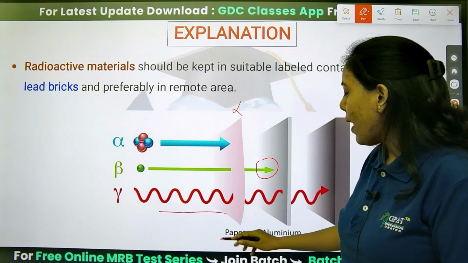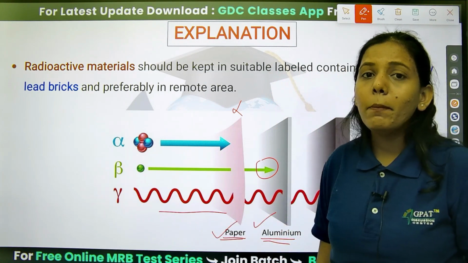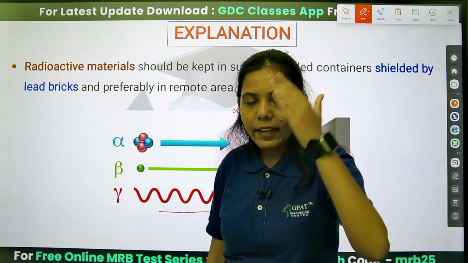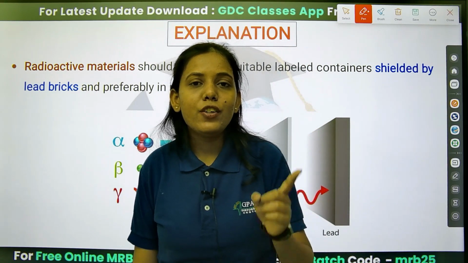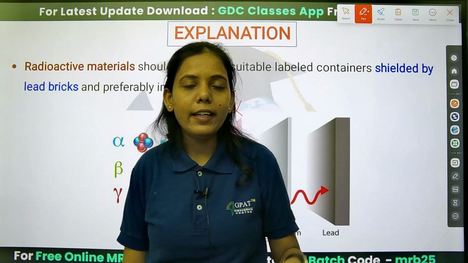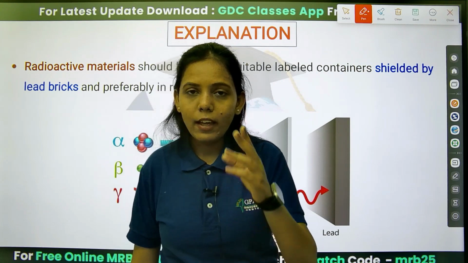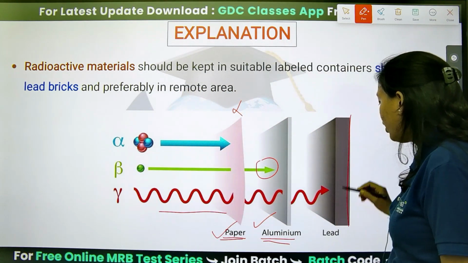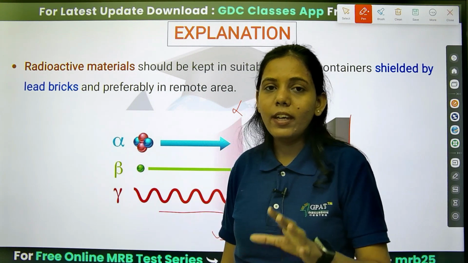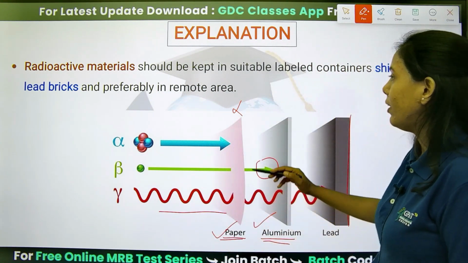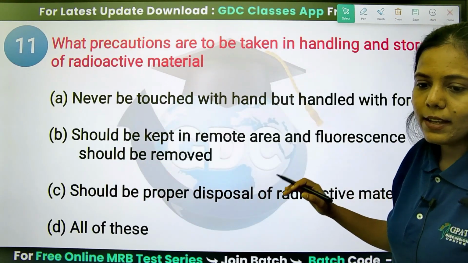And gamma will pass both paper and aluminium but not the lead. So lead shielding gives you the assurance that alpha, beta and gamma radiation cannot cross this barrier. That is the reason lead shielding is given if you are storing it in the laboratory. So option A was the right answer.